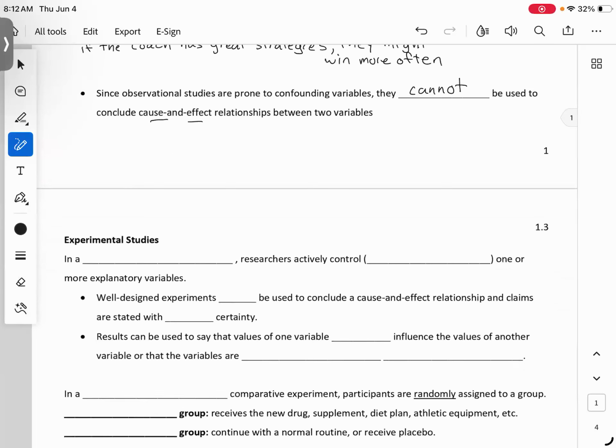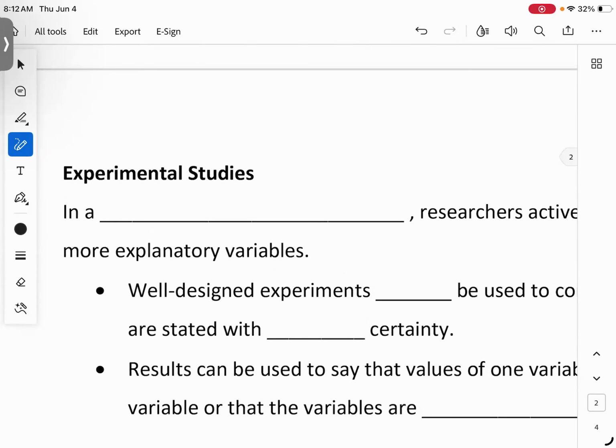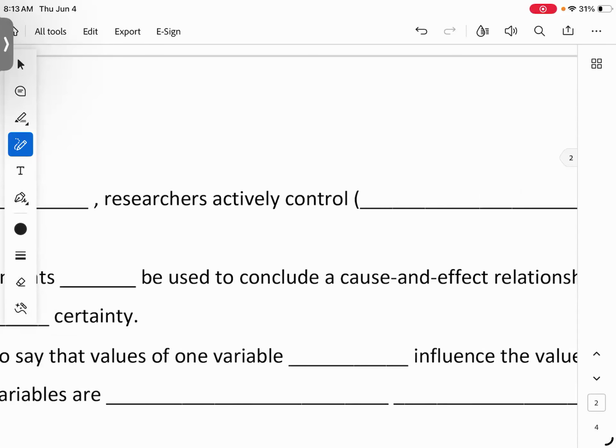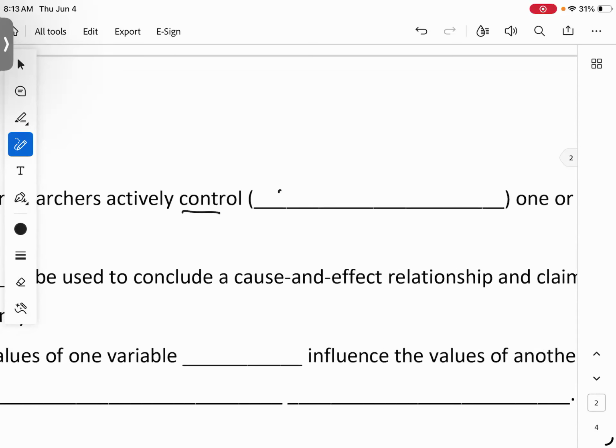If you do want to up the strength of your conclusions whenever you're doing a study, then you need to do an experiment. In an experiment, a researcher is going to do a bit more work when it comes to trying to control what's happening while the study is taking place.